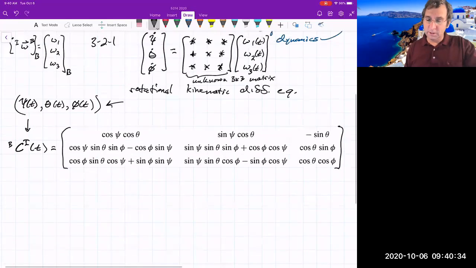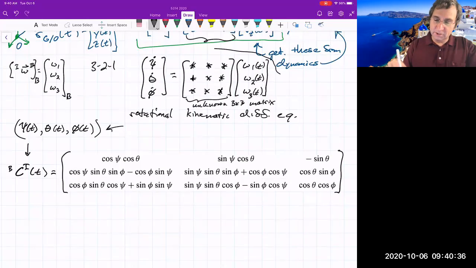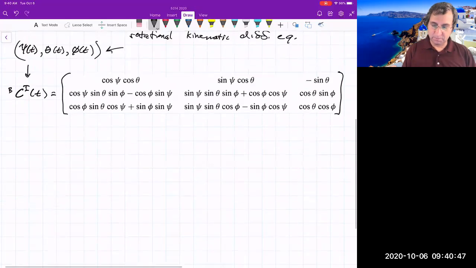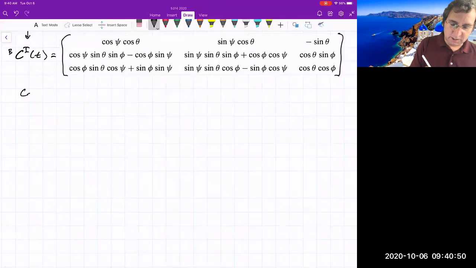Okay, so we're focusing on trying to get this. And we could do it for this yaw, pitch, and roll. So we're going to construct that 3x3 matrix.